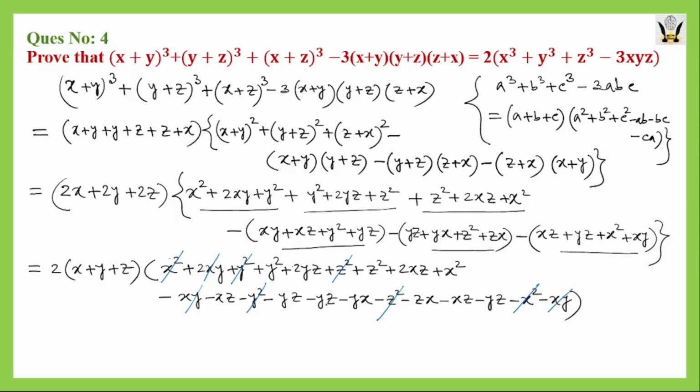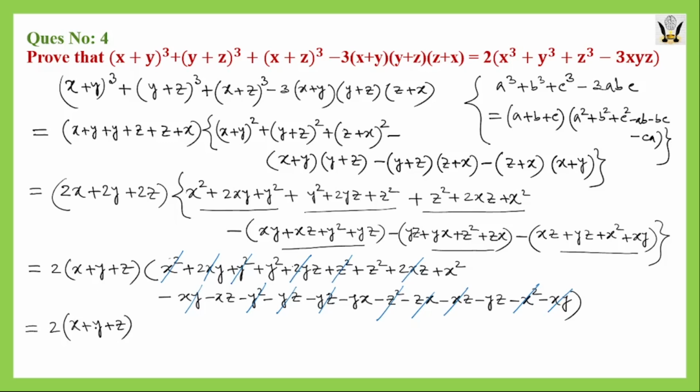Here we have minus yz and another minus yz, so that will form minus 2yz, which will be cancelled by plus 2yz. And here we have minus xz, another minus xz, that is minus 2xz, and that will be cancelled by plus 2xz.